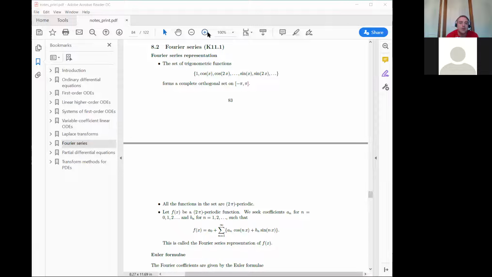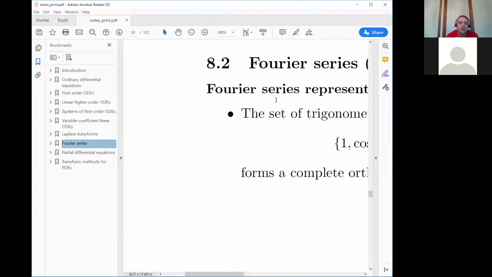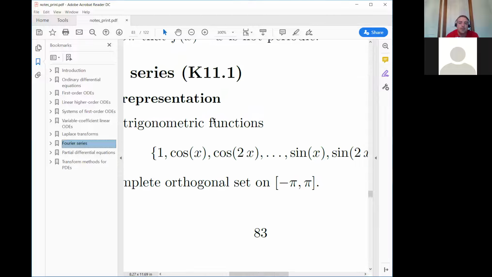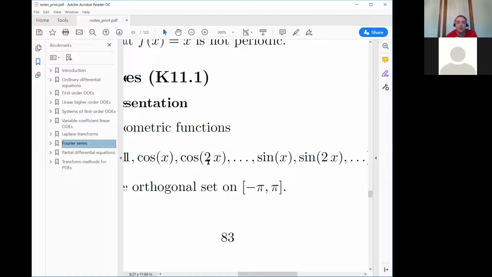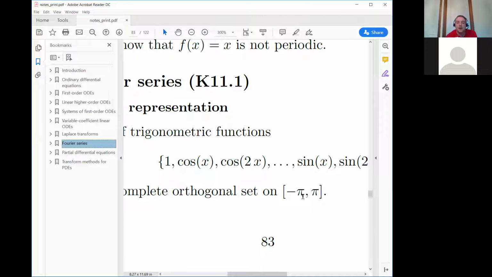Zoom in on that. 1 and cos x and cos 2x and cos 3x and so on, and sine 2x and so on, all of these are what we're trying to write things in terms of.